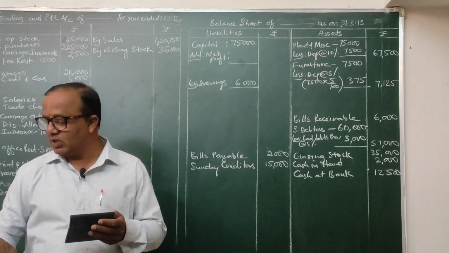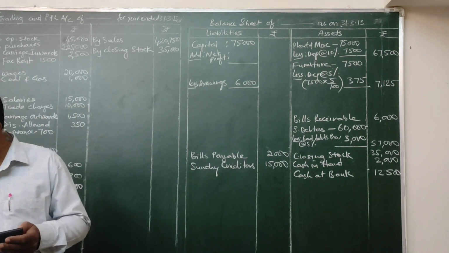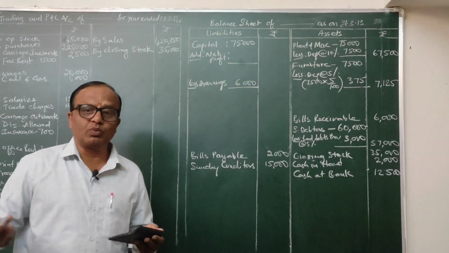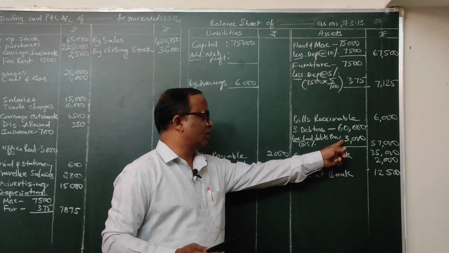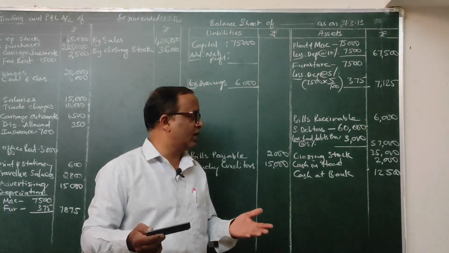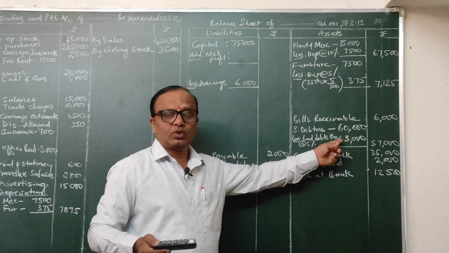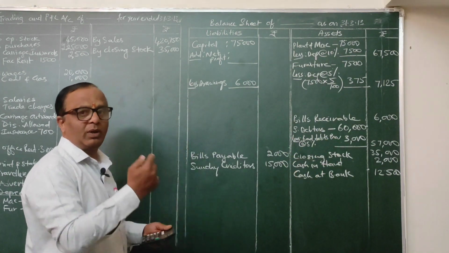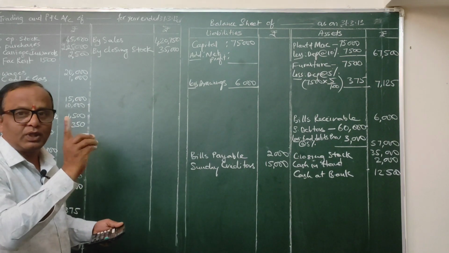Whereas the old provision given in the trial balance is how much? The old provision is 200 he has given. So which is more? New is 3,000, old is 200. The new provision is the higher one. If new is more than the old provision, then we debit to our profit and loss account the difference between these two.